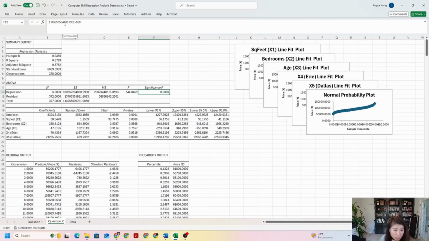So this actually is 1.066 times 10 to the power of negative 168. It's a very small number. If we only keep 4 decimal places, the value here is 0, right? If you don't do that, you would think, oh, this significance F is 1.06. So you actually end up with really wrong answers, right? Okay, this is our regression output. Let me enlarge it a little bit.